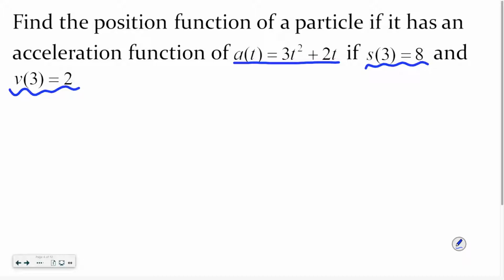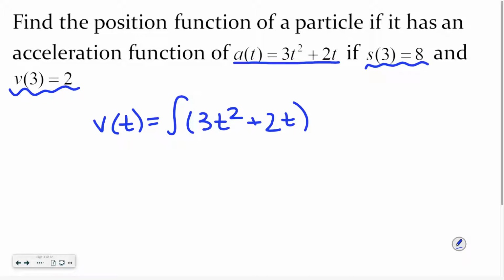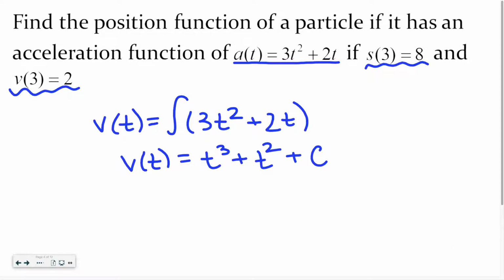So, if we have acceleration, then the first thing we need to get to is velocity. So we know velocity is the antiderivative of acceleration, which means our velocity equation would be t cubed plus t squared plus c. That worked out pretty nice for us, didn't it? Okay.